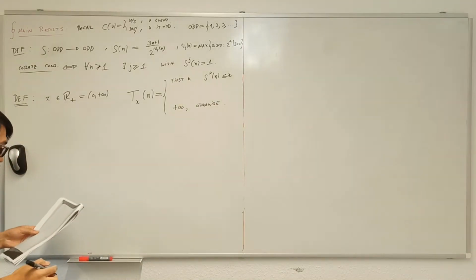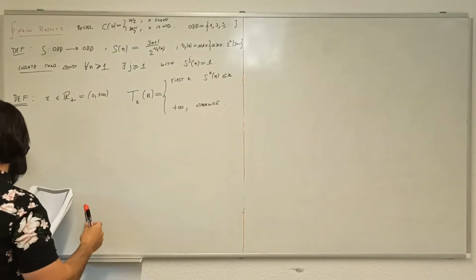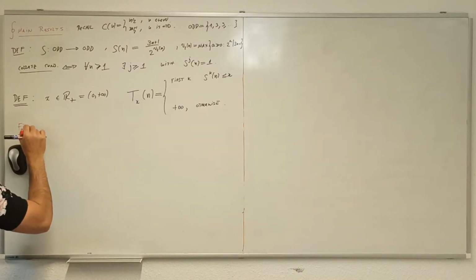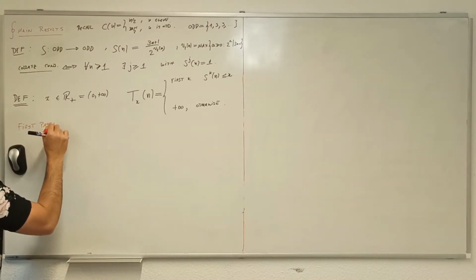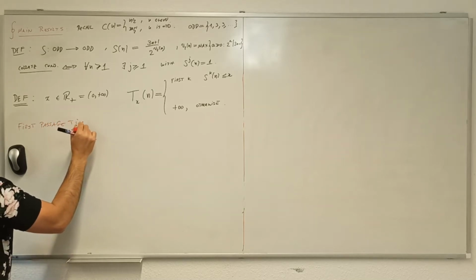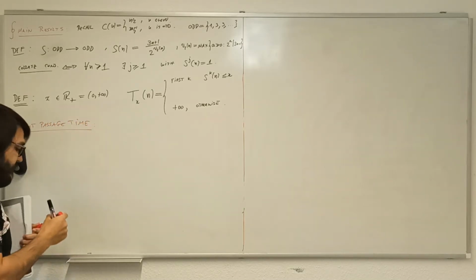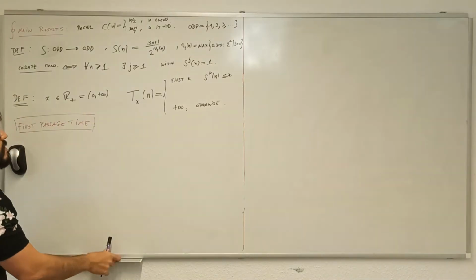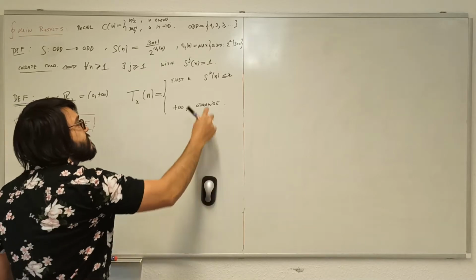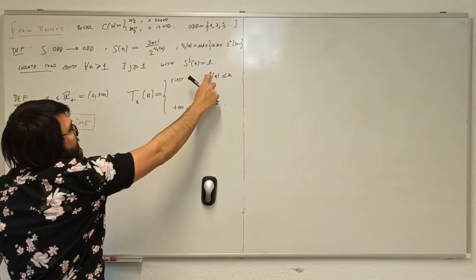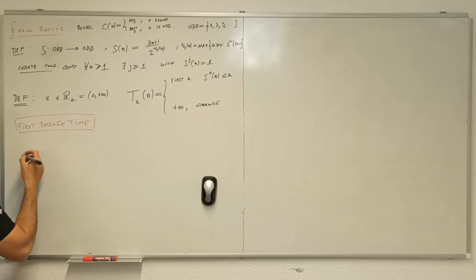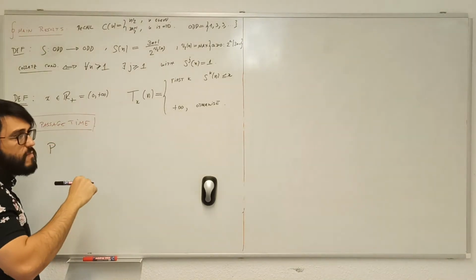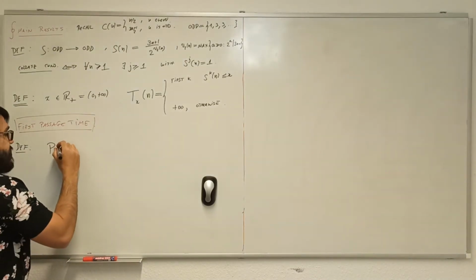Okay? So this is what Tao calls the first passage time. It's the first time it gets below a certain number x. That's the time representing the k. And then from this we can define the first passage, which he calls Pass, but I will just use P here.